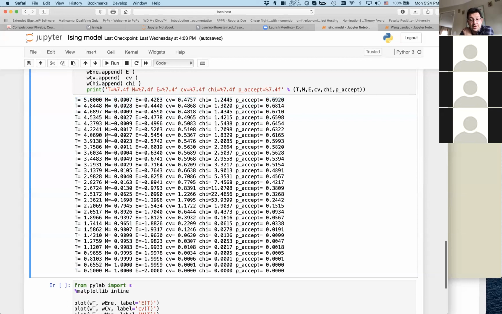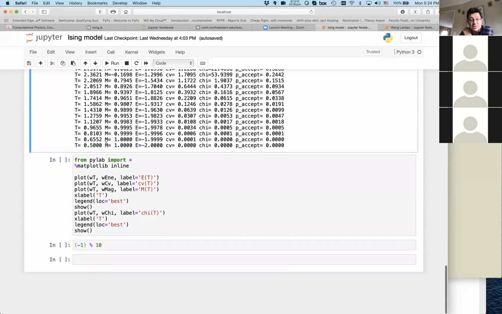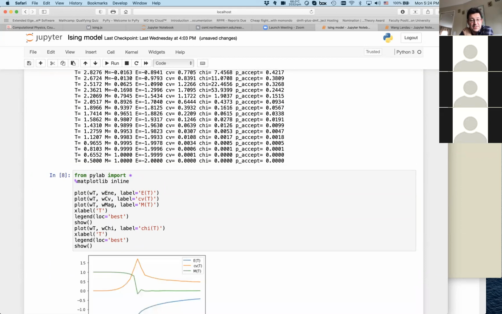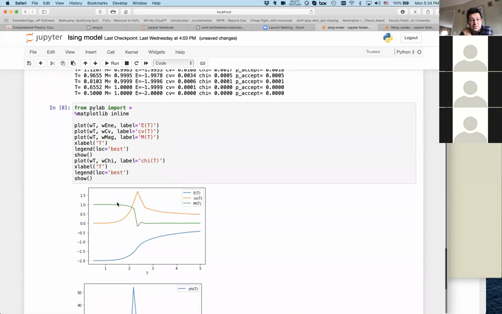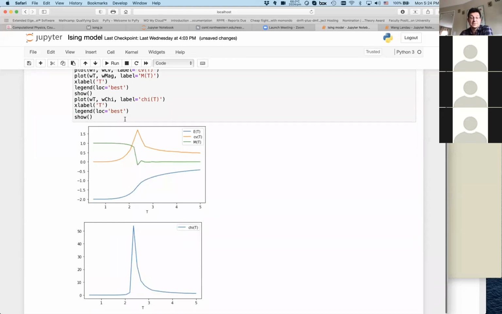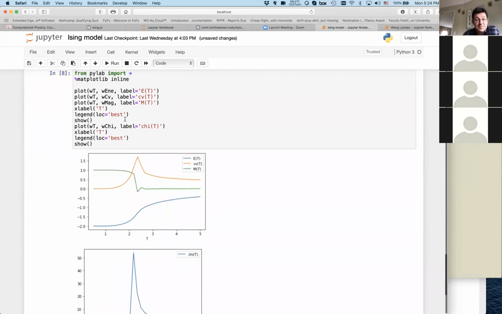Okay, so now that we have all those quantities, energy, specific heat, magnetization, and so on, we can plot all of those simply with the usual matplotlib. And we have the curves here. Let me try to explain what we see. The total energy at high temperature is close to zero. Of course, at very, very large temperature it is supposed to be zero.